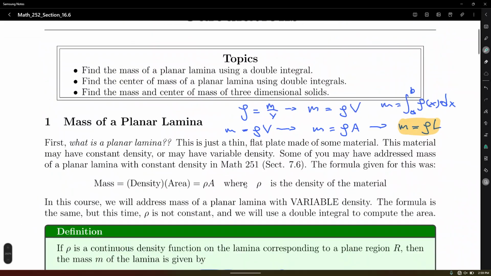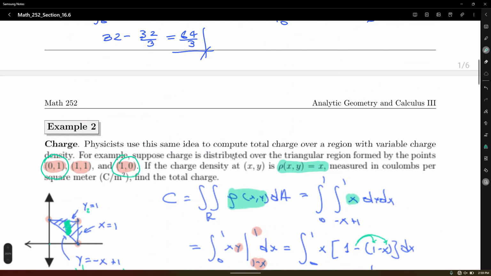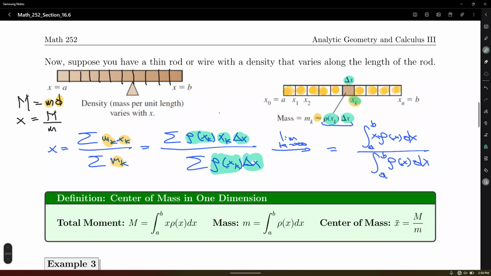Let me go to the very beginning. Mass equals density times volume, or density times area, or density times length. But in this case, this is for the finite case, not for the infinitesimal case. For the infinitesimal case, we use rho, our density function as a function of x, and that distance will be our delta x.